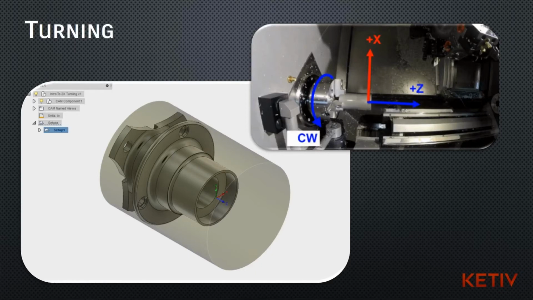Here we see our turning part. Notice now that your axes completely changed. You have the Z-axis going straight through the center of the part, and the X-axis going in and away from you. If you look at the top right, when you look at the part, that's exactly how you're going to be seeing those axes.